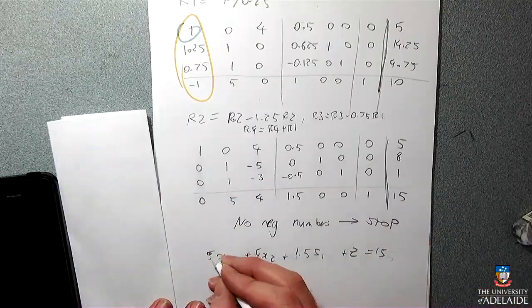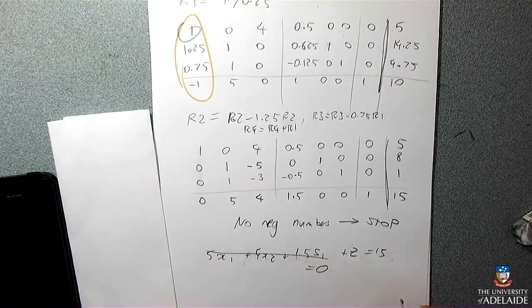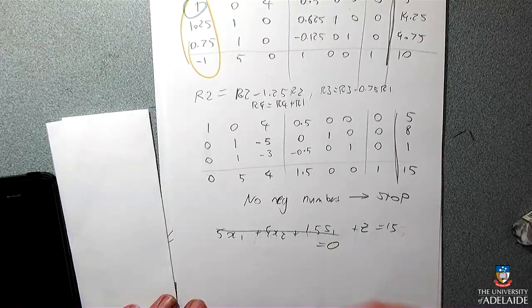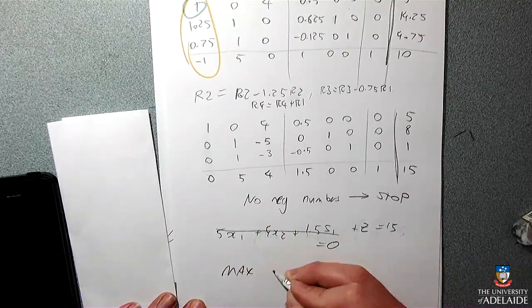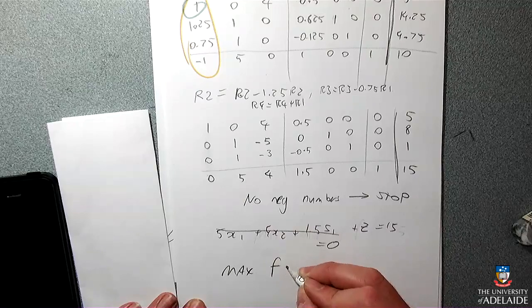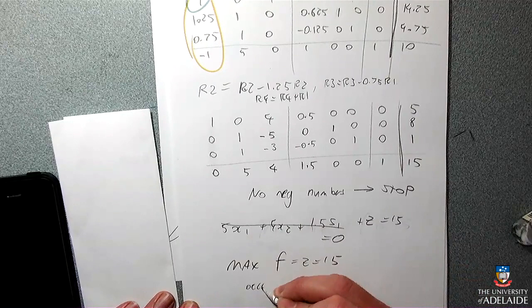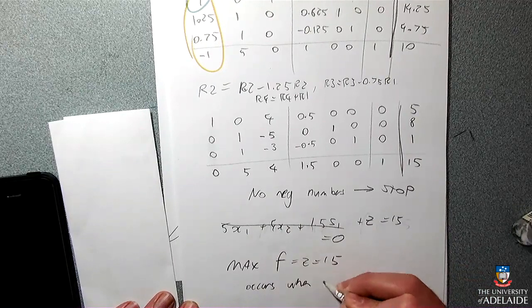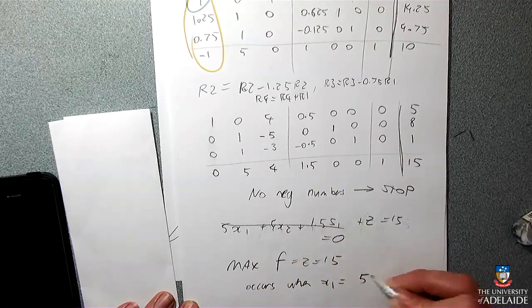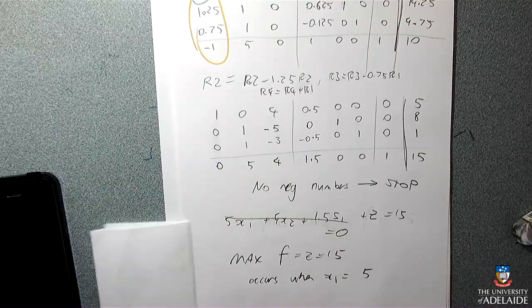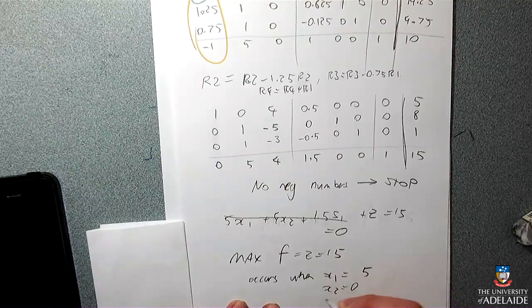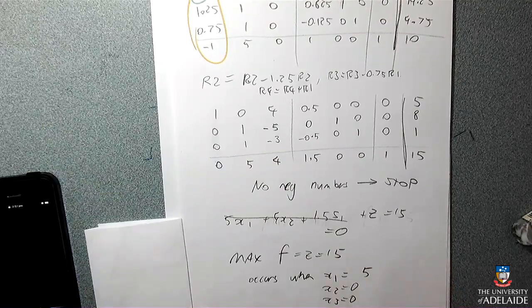And you make all of these 0, and so the z is 15. Okay, so the maximum value is f, which is z, which is 15, and it occurs when x1 is 5 and x2 is 0 and x3 is 0.